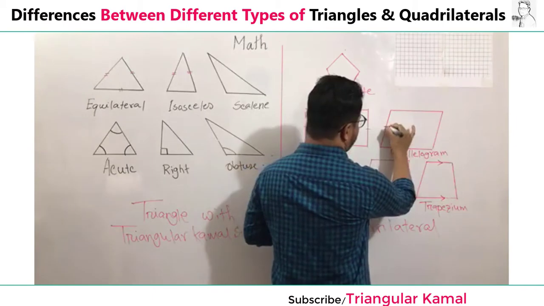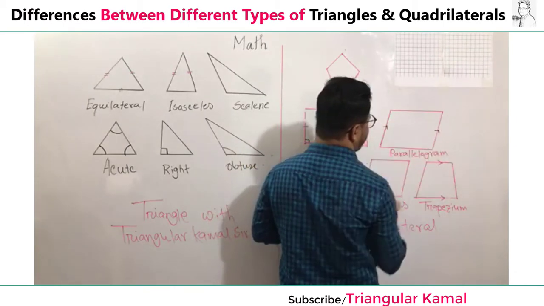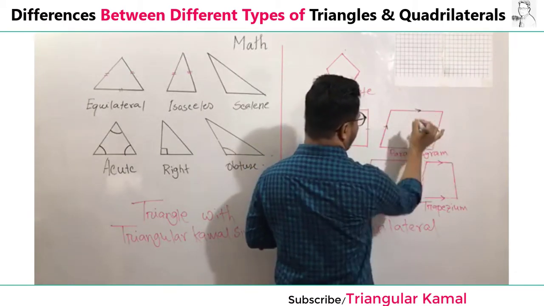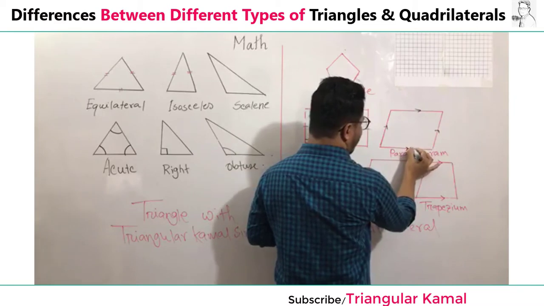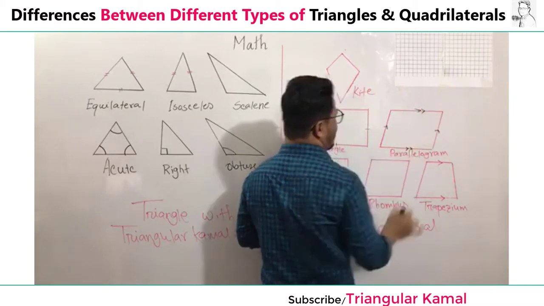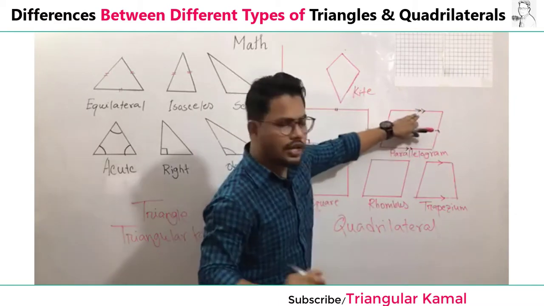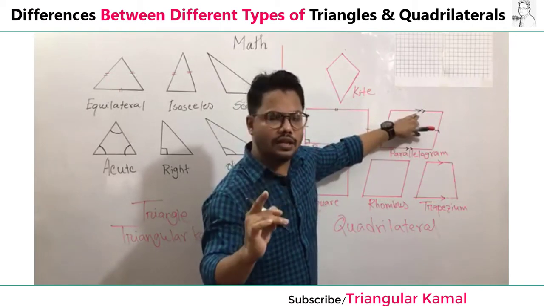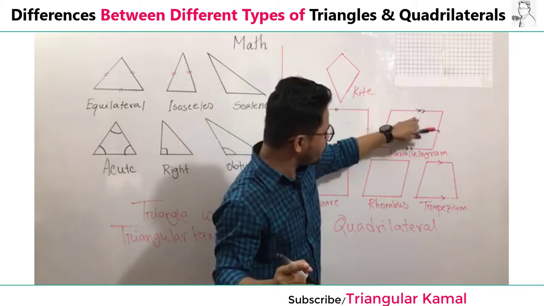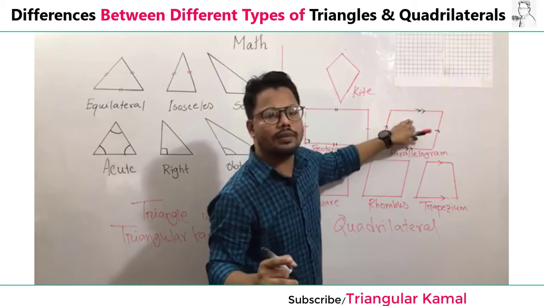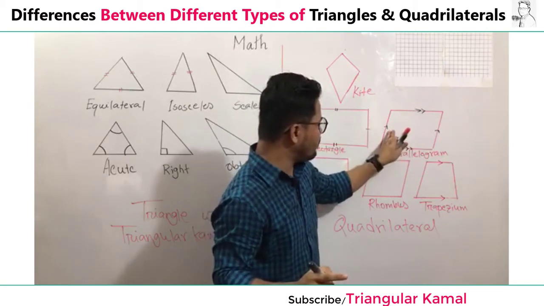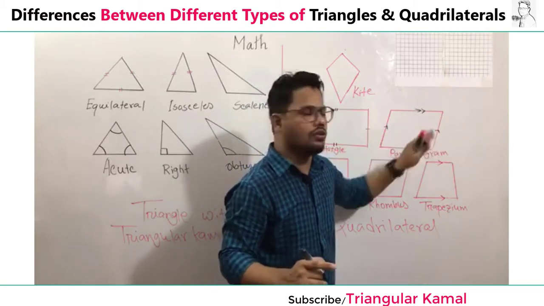And where two opposite sides are parallel and equal, this is called a parallelogram. Here in the parallelogram, this arrow indicates the parallel symbol. This side is opposite of this one, they are parallel and equal. The left one is parallel with the right one.